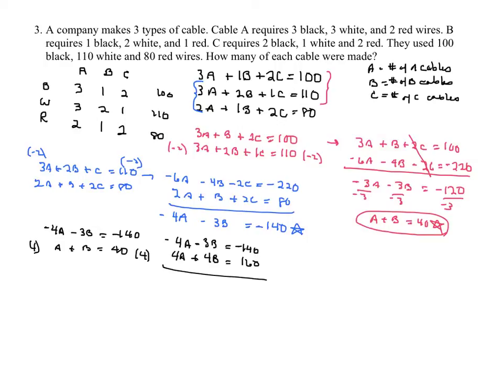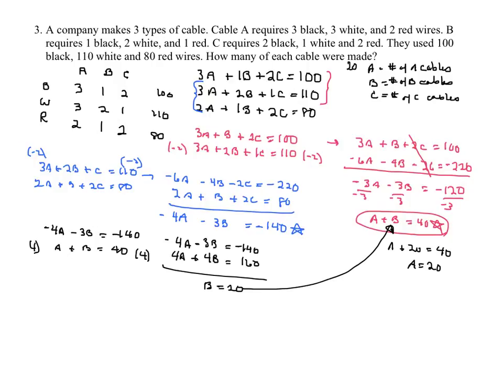The A's add out, I get B is equal to 20. And now I'm going to put 20 in for B here. So A plus 20 equals 40. So A equals 20. So the number of A cables is 20 cables.